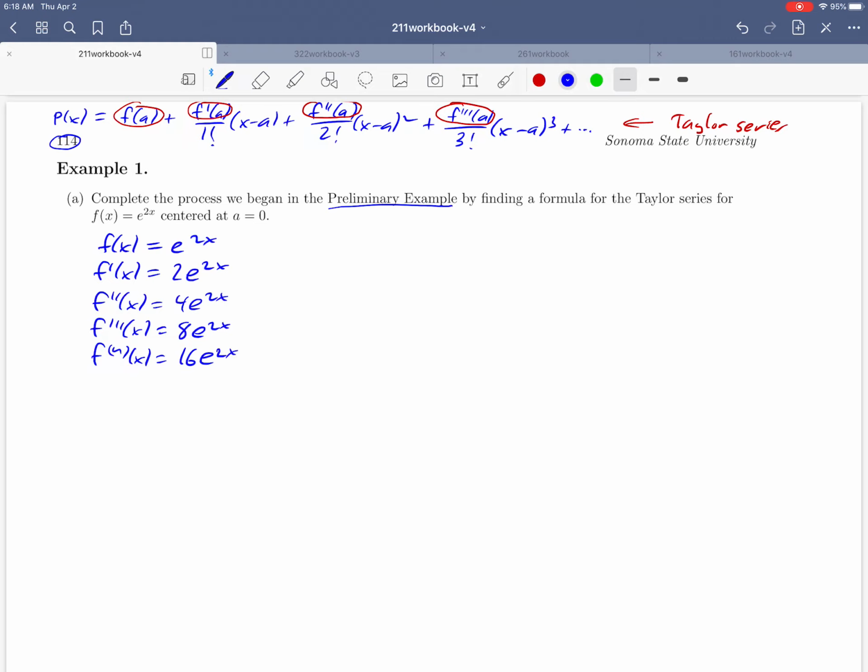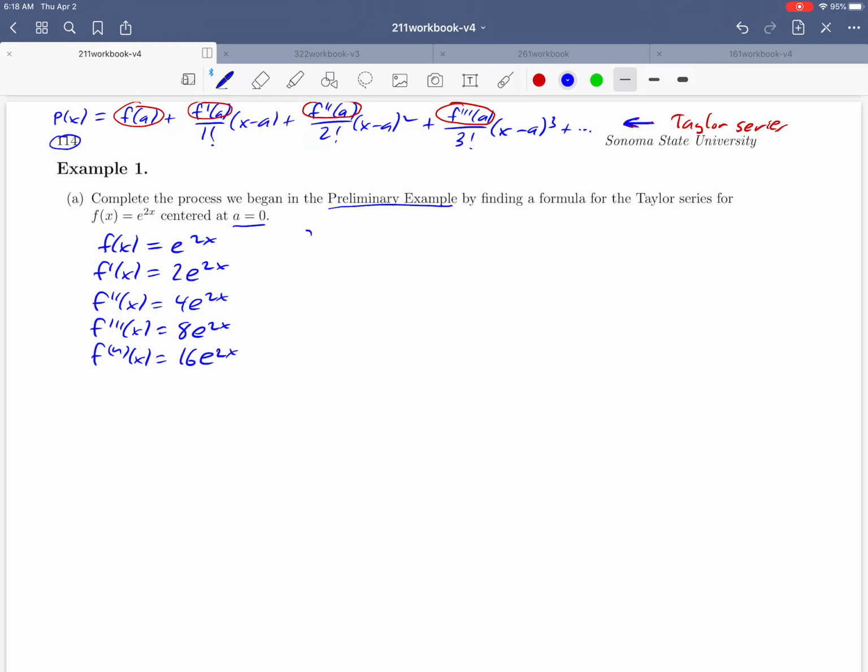And then, if you look up at the formula at the top of the page here again for the Taylor series, we need to substitute the number a in to each of the derivatives to get those numbers that we circled in that formula at the top of the page. What is a in our case? Well, they told us a is equal to 0, and we have to know that. That has to be given to us in order to build a Taylor series.